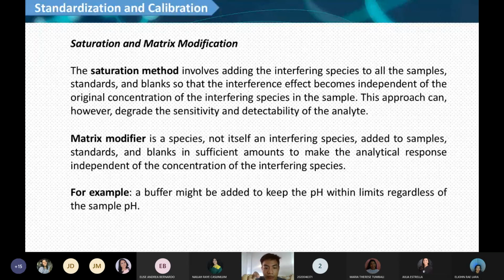Tapos yung clear part ng solution, yun yung i-analyze mo. Okay. Hindi yung buong blood yung ilalagay mo dun sa analysis mo. Okay? Magugulo yung result mo pag ganun eh. So ano uli gagawin nyo? You add matrix modifier so that magse-separate yung solutions mo. Okay? And then yung clear part ng solution, yun yung i-analyze nyo. Okay?